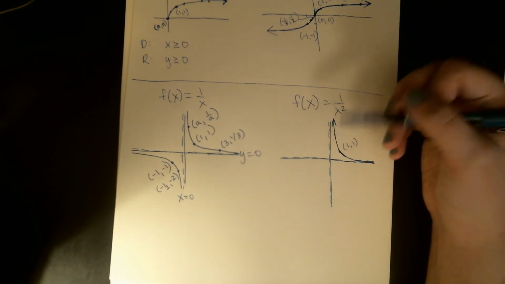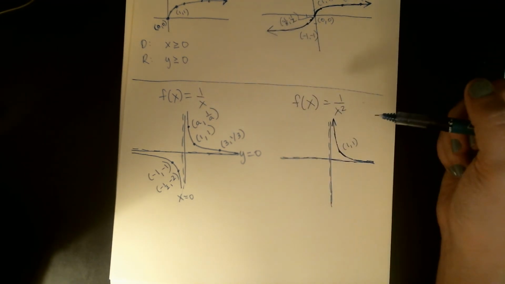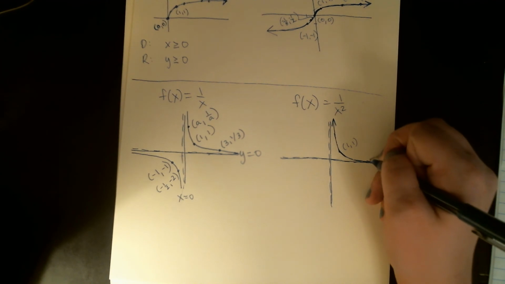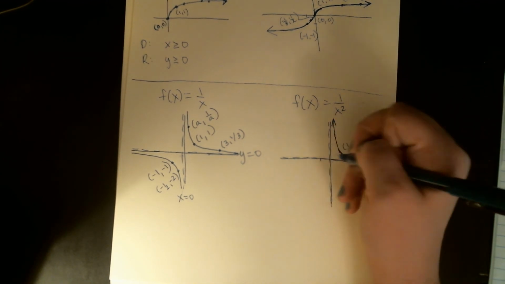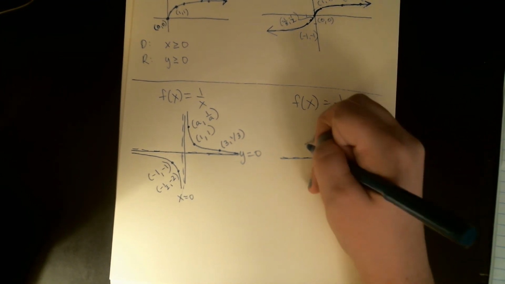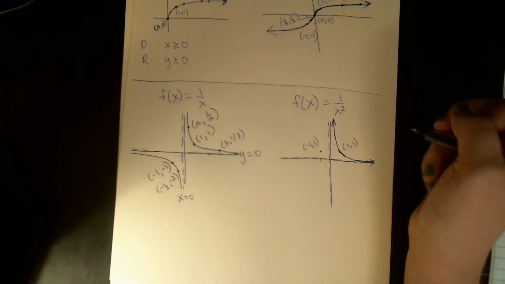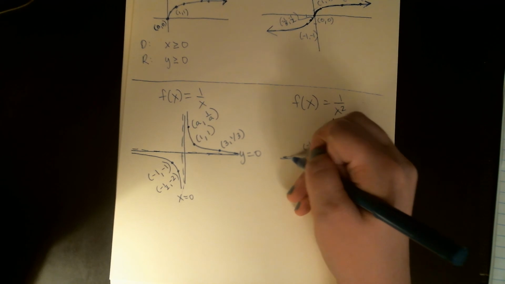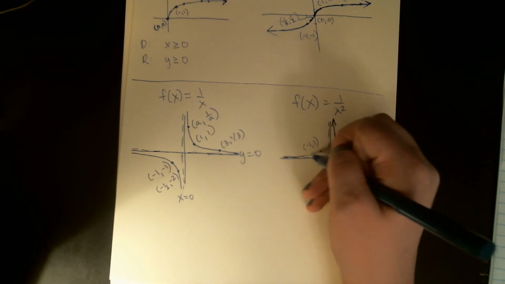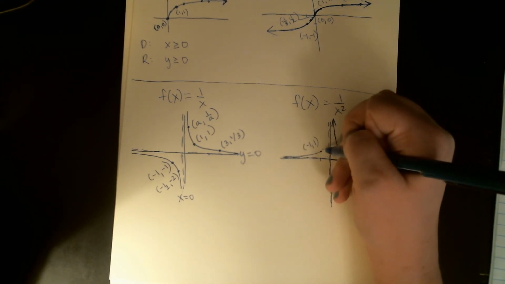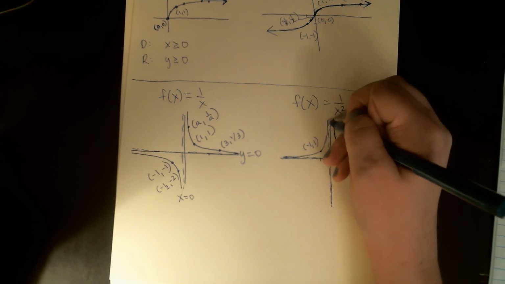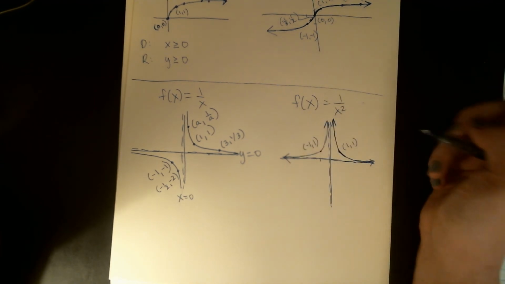And then when you take the reciprocal, that means it's even bigger than before. And for this one, we won't get any negative y values. So what will happen is when we plug in the negative numbers, they'll get squared, and then we'll take their reciprocal. So we will have stuff happening on the left side of the y-axis, but not below the x-axis.